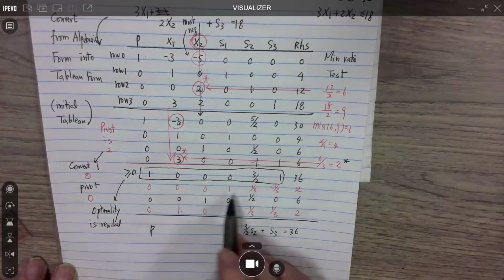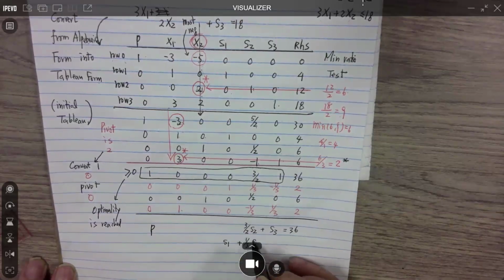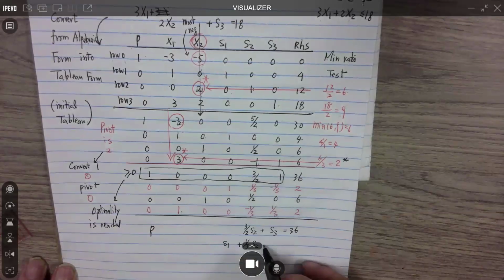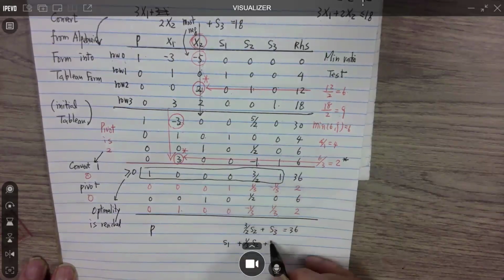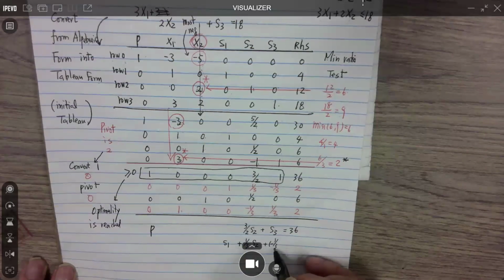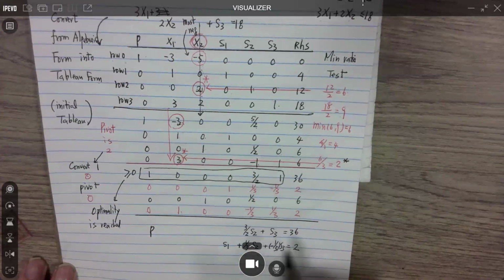Okay? And the second one is what? S1 plus 1 over 3 S2 minus 1 over 3 S3 equal to 2. How about this one?